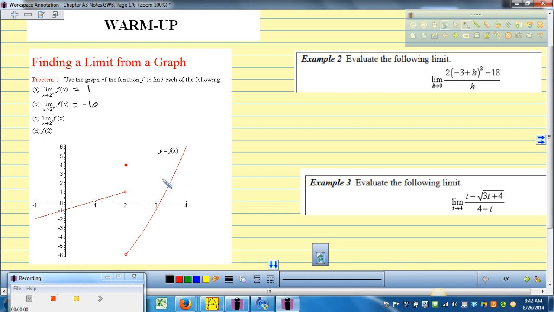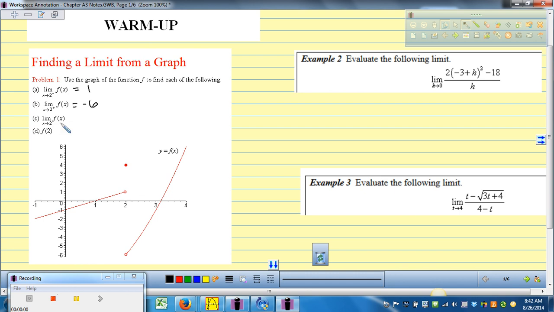All right. So we talked about a left limit and a right limit. Part C says the limit as x approaches 2. There's no plus or minus there. That is what we call the overall limit. And who remembers the link between the overall limit and the left and right limit? What has to be true about the left limit and the right limit for the overall limit to exist?